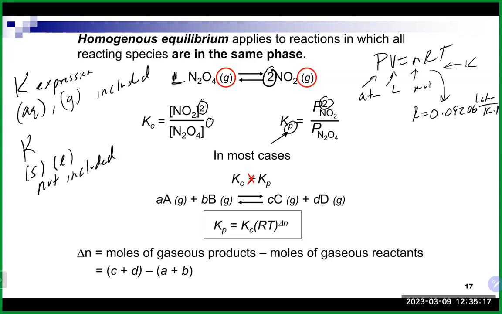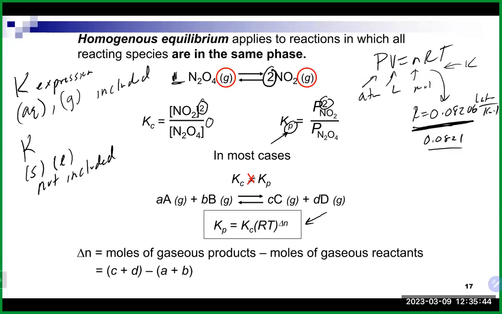But there is a way that we could go between Kp and Kc, which is sometimes helpful depending on the information that's given to you. So the Kp value is equal to the Kc value times RT to the power delta n. R again is our gas constant here. It's actually this version of it, not the energy one that we were using, so it is the 0.08206 or 0.0821, whichever one you like.